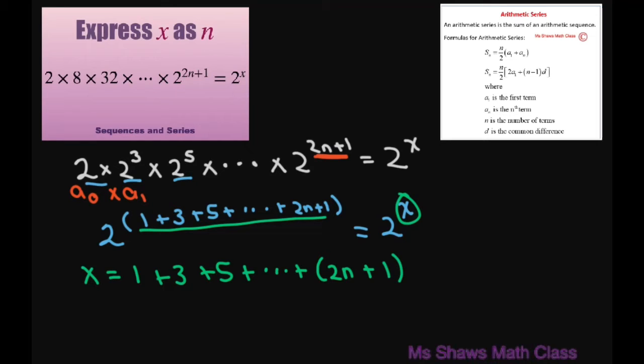All right, since we have that, let's look and see what we have. Our first term is 1, and then our common difference is 2, because we keep adding 2 here.